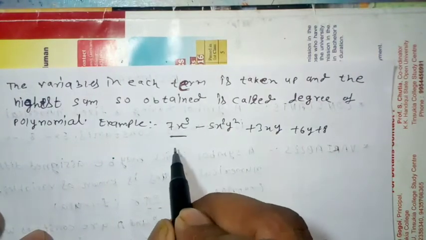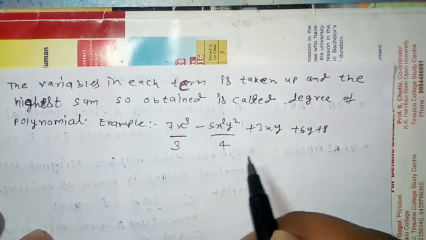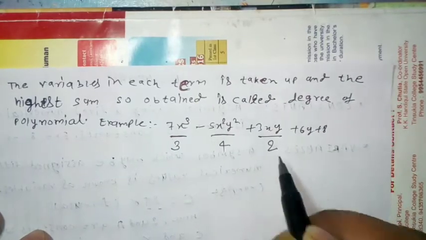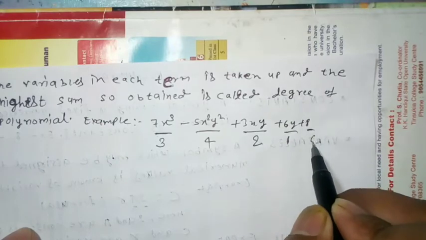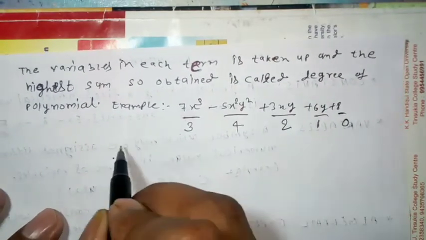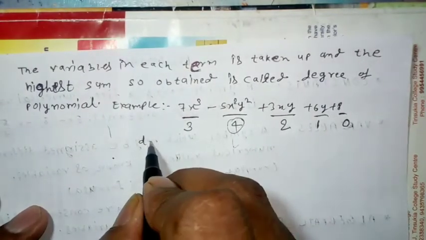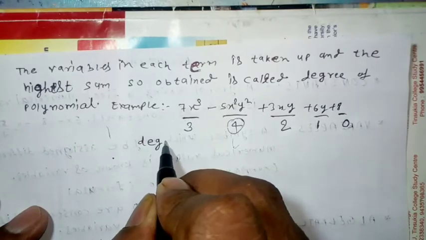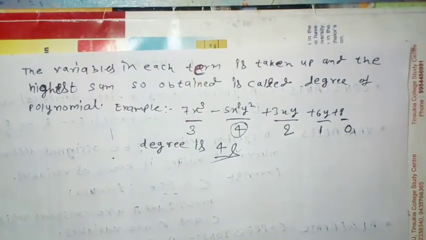For this, the degree is 3; for 5x square y square, the degree is 2 plus 2, that is 4; for 3xy, 1 plus 1, the degree is 2; for 6y the degree is 1, and here the degree is 0. Okay, so the highest degree is 4, so the degree is 4.